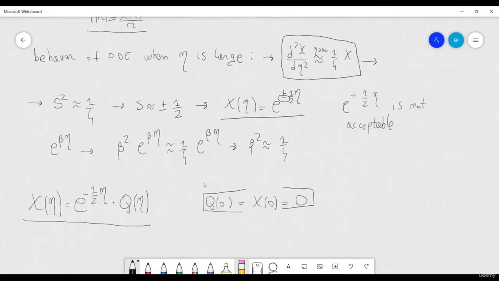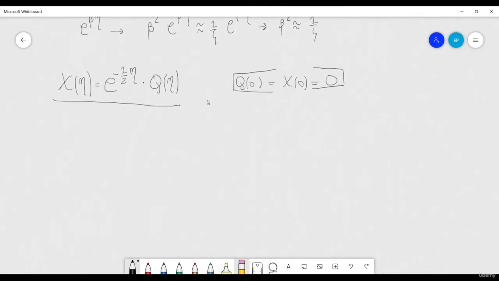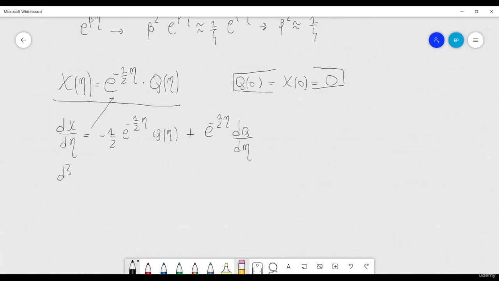And in order to do that, we have to calculate the second derivative of chi. So first I have to calculate the first derivative of chi with respect to eta, and this is equal to the derivative of that. Okay, so it is minus 1 half e to the minus 1 half eta times q of eta plus e to the minus 1 half eta times dq over d eta. Then the second derivative of chi with respect to eta is equal to the derivative of that.